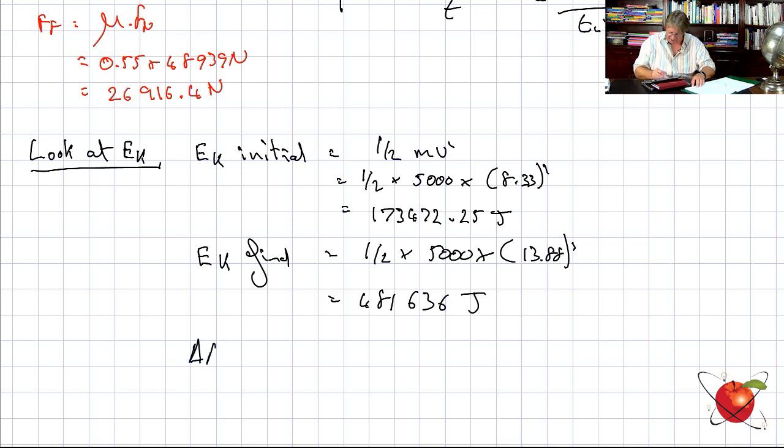Therefore, delta E_k is going to be E_k final minus E_k initial. Always the same old story, huh?